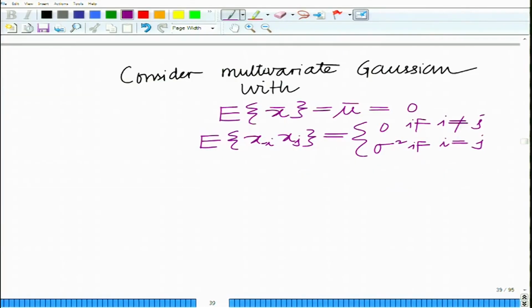So, what we are seeing is the cross correlation, expected value of xi xj if i not equal to j, is 0, and the variance of each element is sigma square. So, what you can see is that these are basically known as uncorrelated random variables because the correlation is 0.